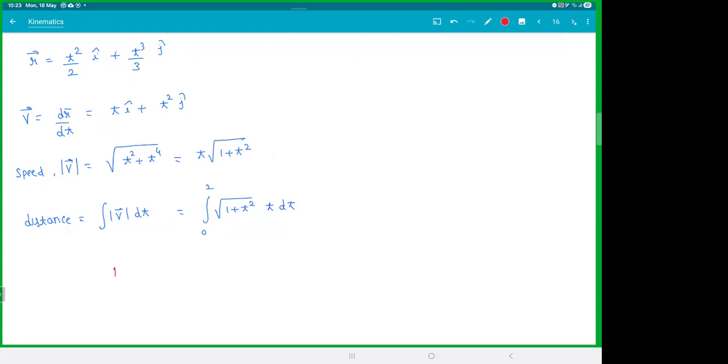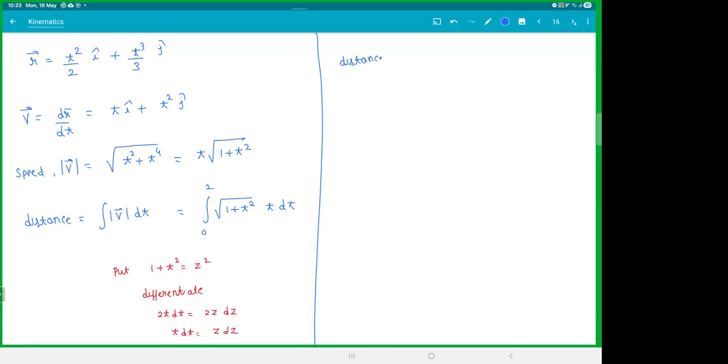We will say put 1 plus t square is equal to some z square. Differentiate: 2t dt equals 2z dz. So t dt becomes z dz. First, I will do everything in z and then I'll put the limits later on. So root of 1 plus t square becomes root of z square, that is z, and t dt becomes z dz.